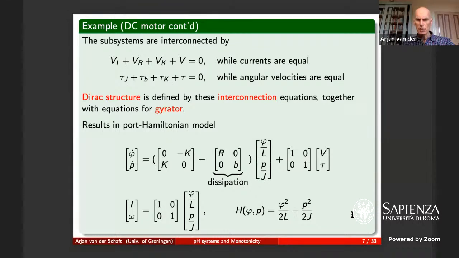eventually get this structured dynamical input-state-output system, where we identify here this skew-symmetric matrix corresponding to the gyrator, and here we have energy dissipation, and this term corresponds to the gradient of the Hamiltonian, and that also appears in the output equation as well.